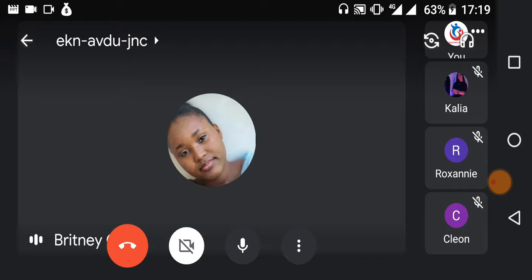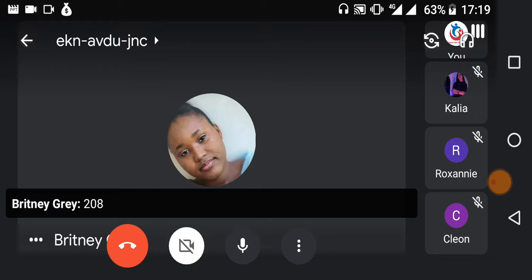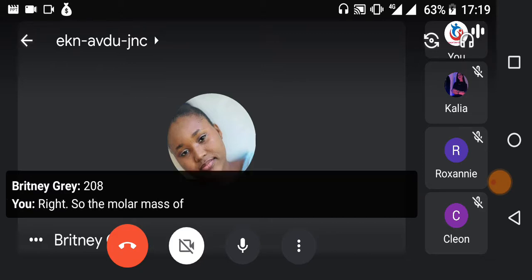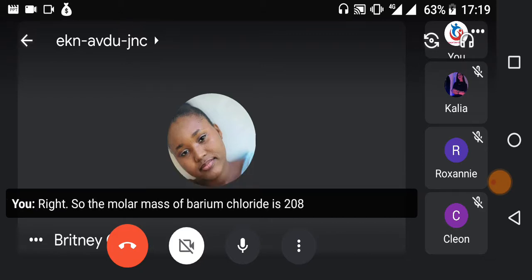So the molar mass of barium chloride is 208, because that's the total mass of the compound.